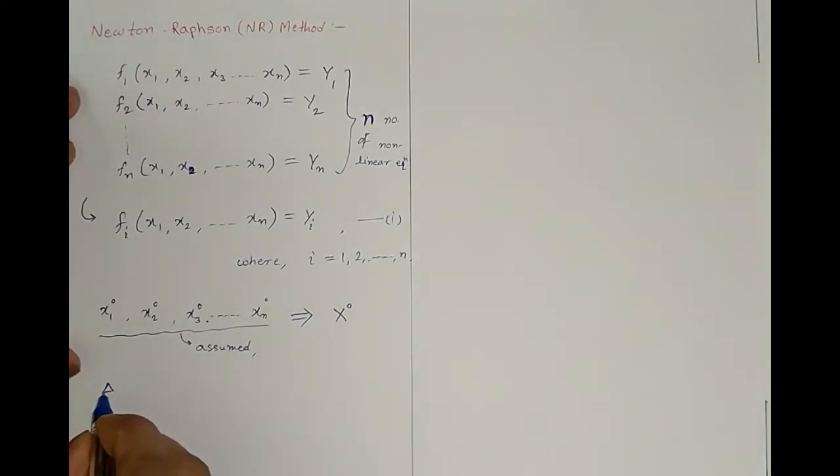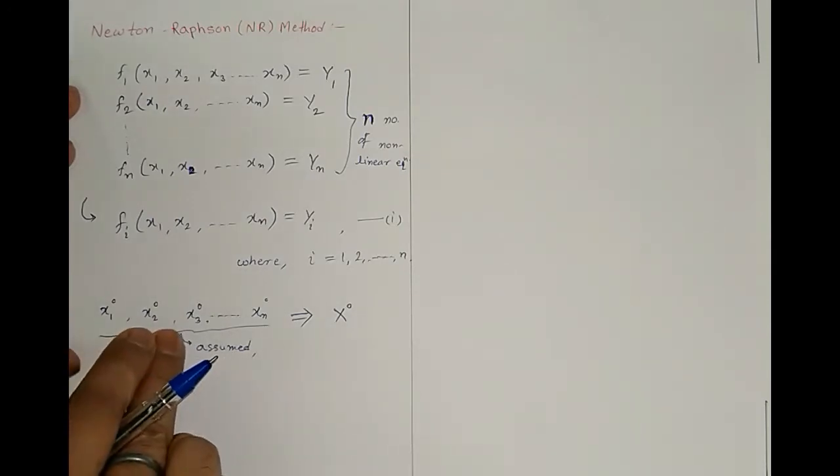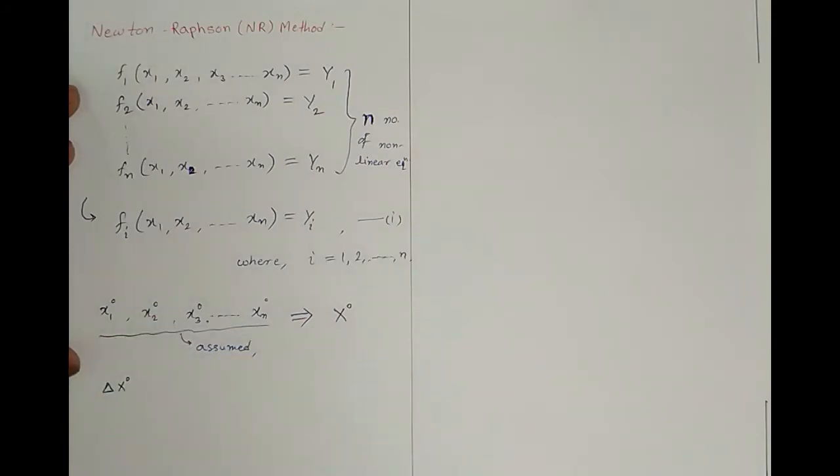Let us assume that delta X0 is the error due to this assumed solution. So this will be delta x1(0), delta x2(0), delta x3(0), and so on, delta xn(0).